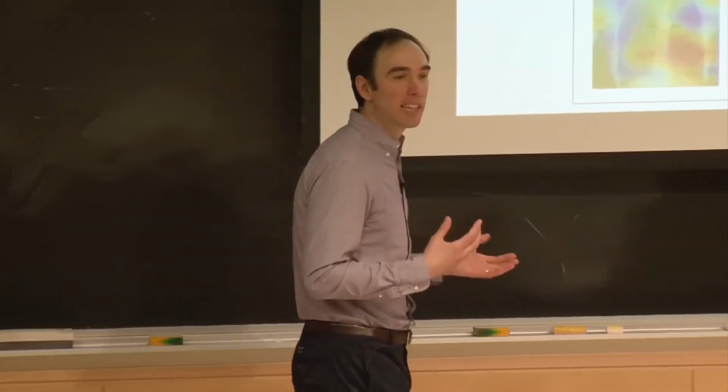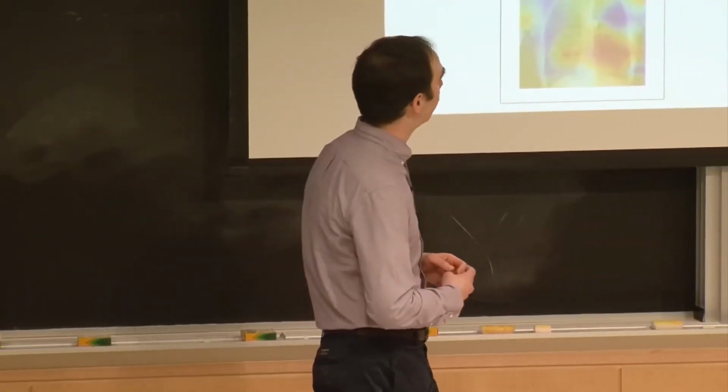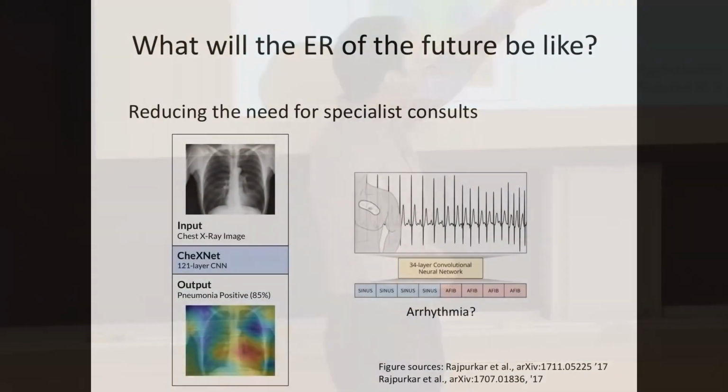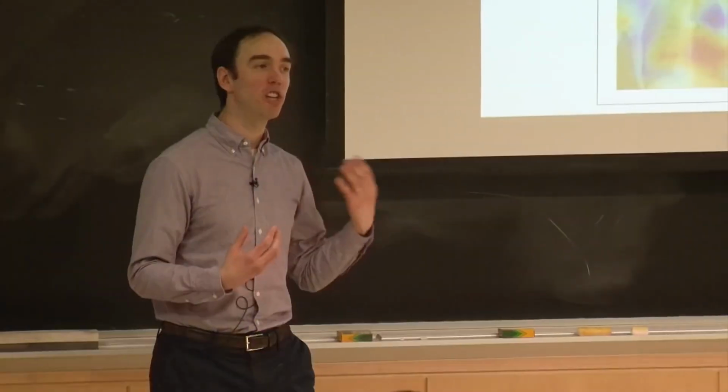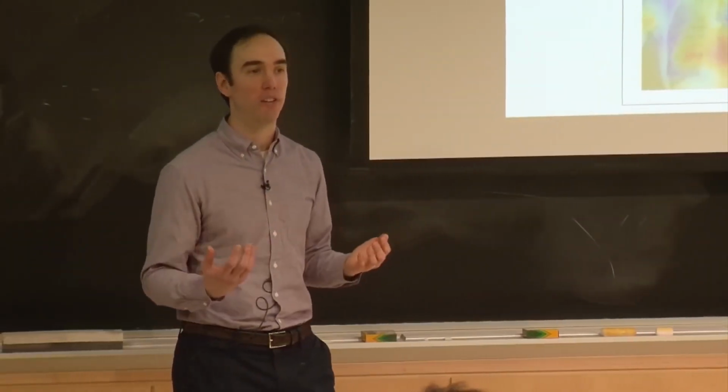Now, the same sorts of techniques can be used for other data modalities. So this is an example of data that could be obtained from an EKG. And from looking at this EKG, one can try to predict, does the patient have a heart condition, such as an arrhythmia? Now, these types of data used to just be obtained when you go to a doctor's office.